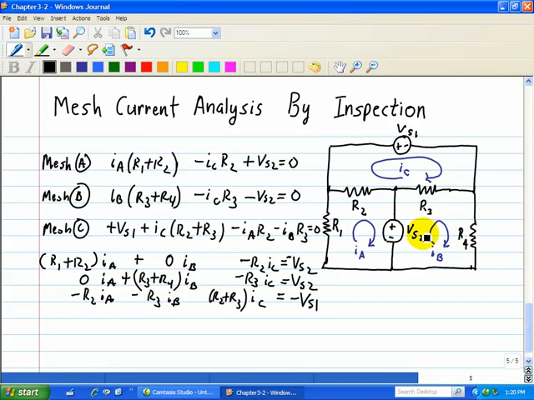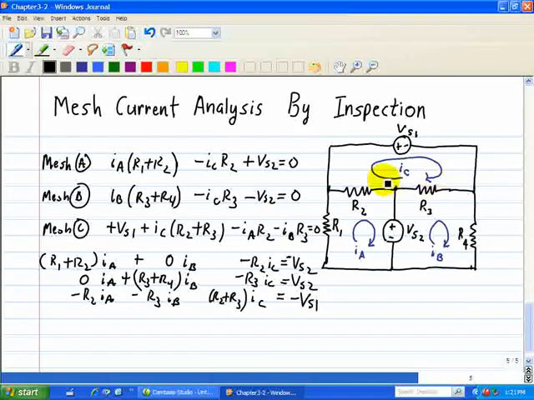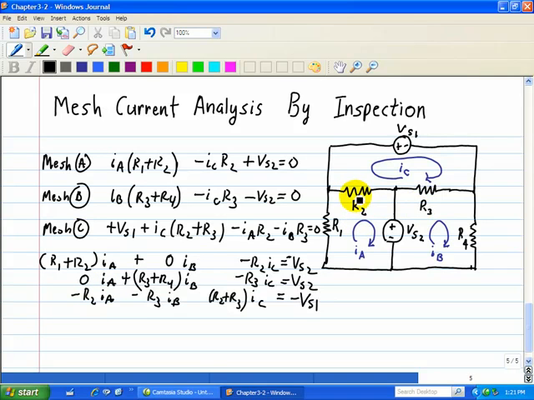There's no IA common in here except for VS2, but what's in common for R3 is a minus IC. And then finally for IC we have R2 and R3 right here, and then we have a minus IA because that's what's common through R2, and then for R3 we have a minus IB.